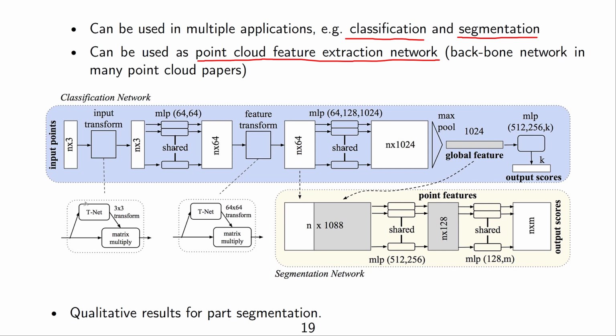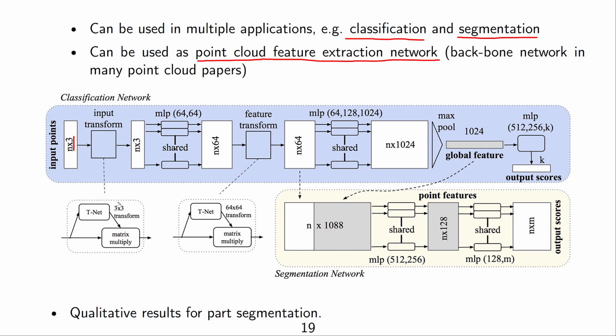Let's go over the architecture figure that the authors created. As input, we have a set of points, and we have n points, and each has 3 dimensions. Again, this could change, but we look at one particular version here. Then we have a spatial transformer.